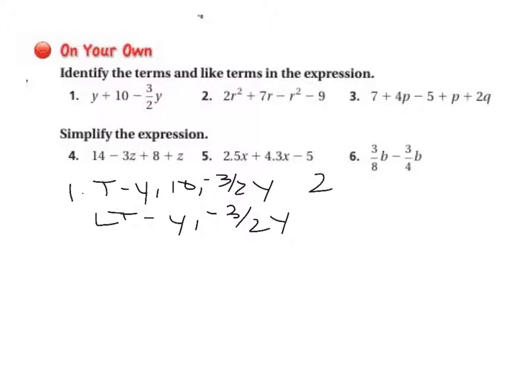Number 2, 2r squared is a term, 7r is a term, negative r squared is a term, and negative 9 is a term. Like terms, we look for all the r squared, so we've got 2r squared and negative r squared.